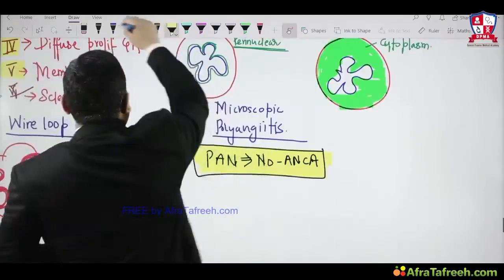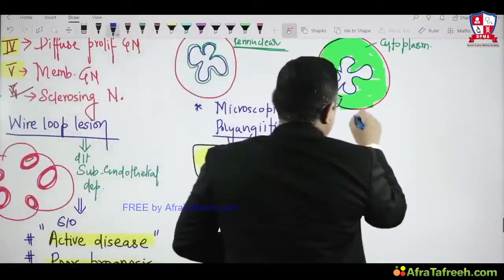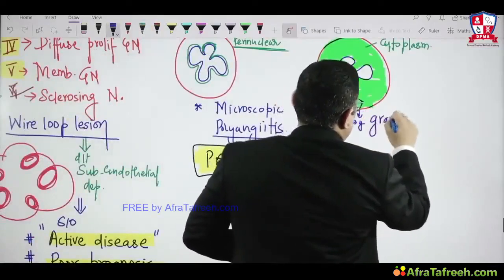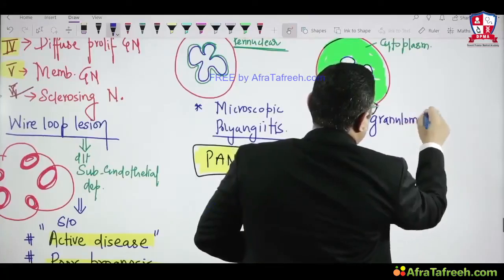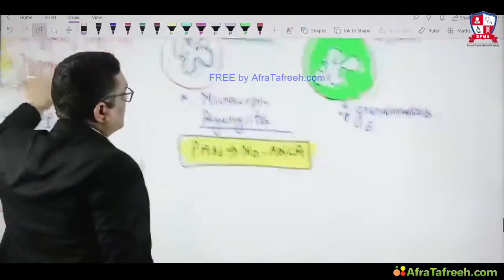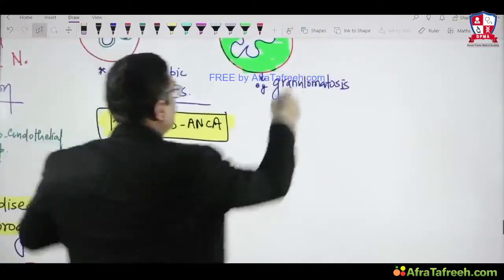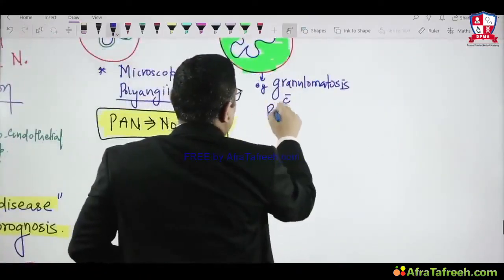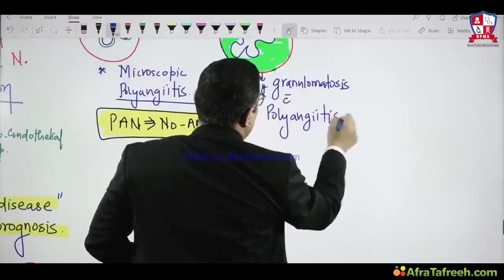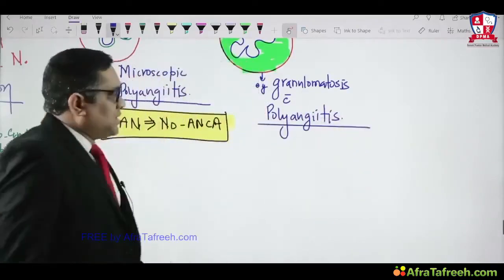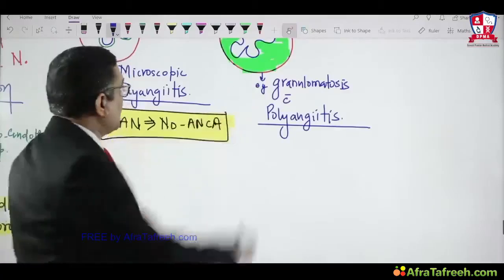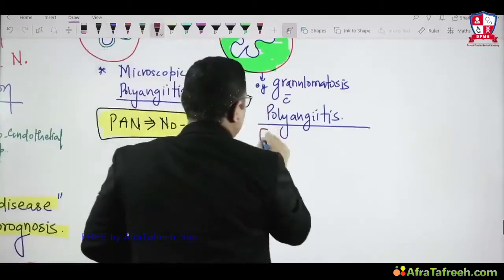C ANCA is seen in granulomatosis with polyangiitis. This is the new name of Wegener's granulomatosis, and the older name is Wegener's granulomatosis.